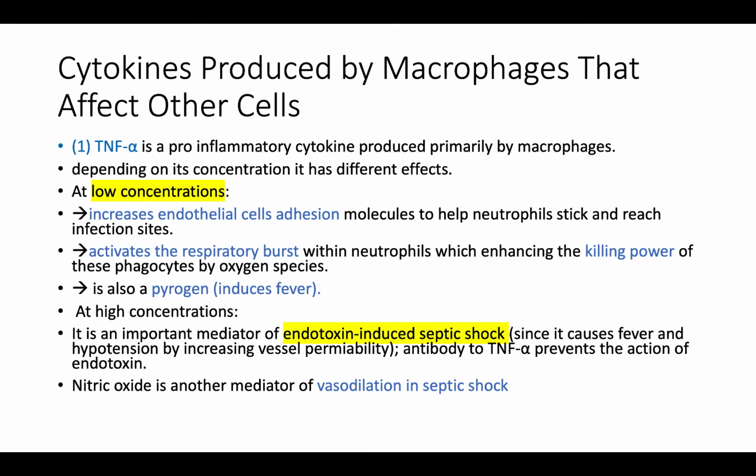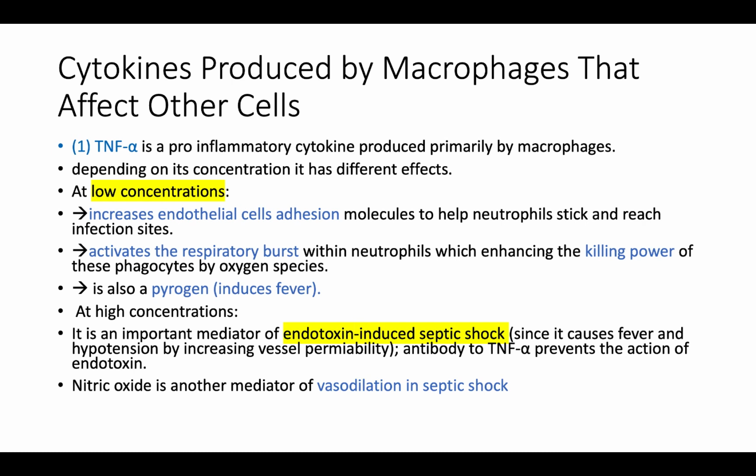So high levels of TNF are implicated in septic shock. You know that systemic vascular resistance in all types of shock is vastly increased. For example in hypovolemic shock you are increasing your systemic vascular resistance, and the same in cardiogenic shock.